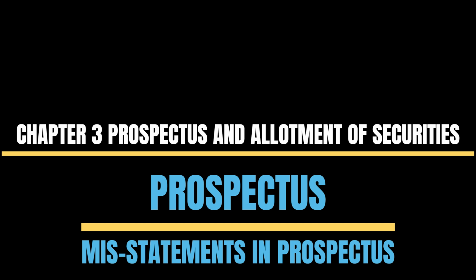Example: the board of directors of a pharmaceutical company has allotted shares to the public by issuing a prospectus that is not filed with the registrar of companies. In this regard, it is to be noted that a public company can issue securities to the public only by issuing a prospectus under section 23(1)(a) of the Act.